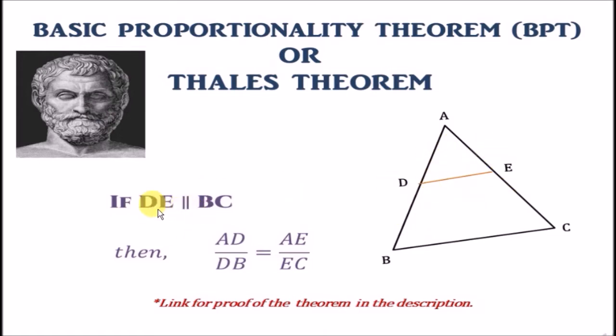Here, line DE has been drawn parallel to BC such that it intersects AB at point D and AC at point E. In this case, we will have AD by DB equals AE by EC.